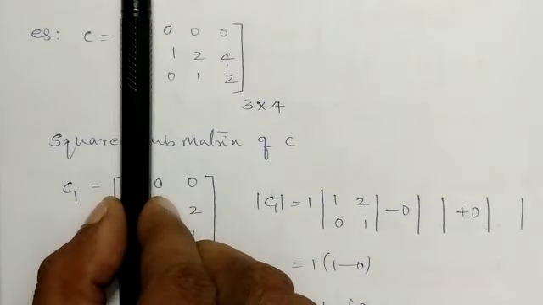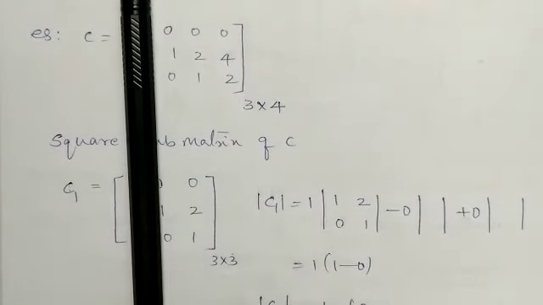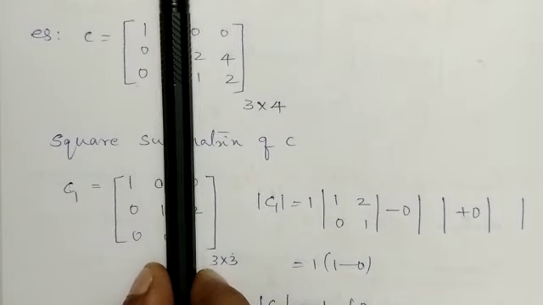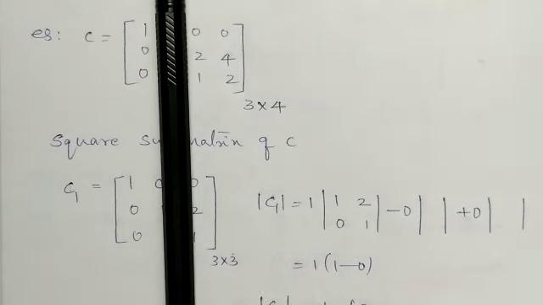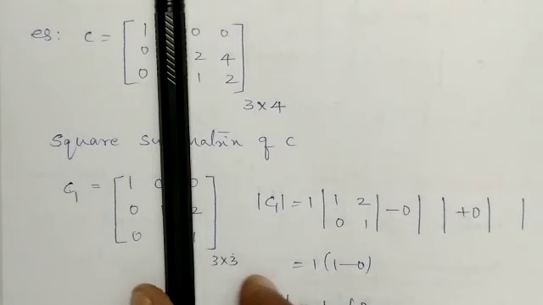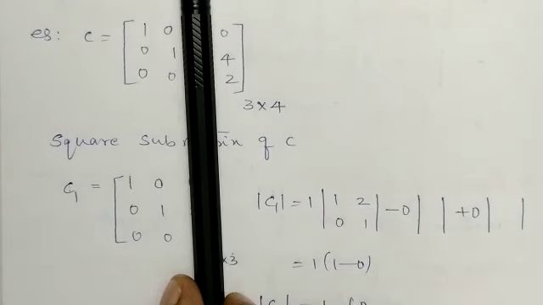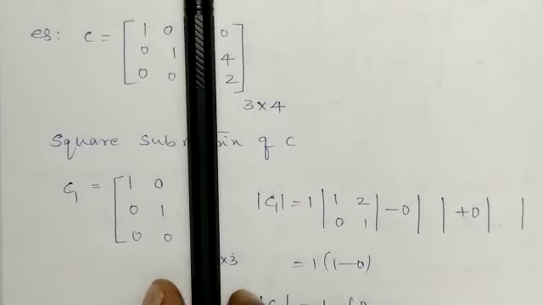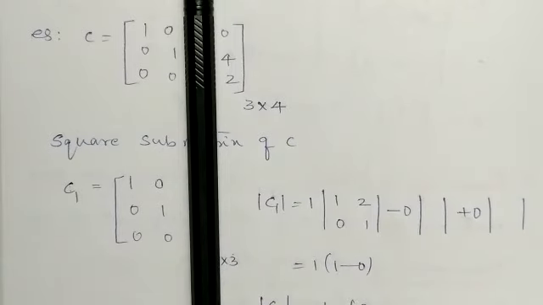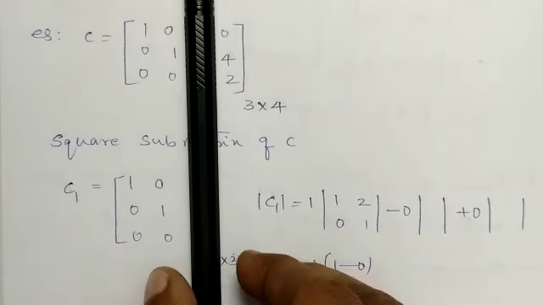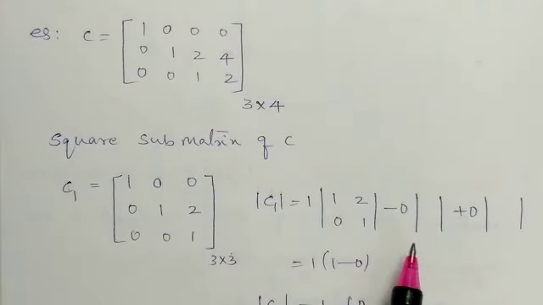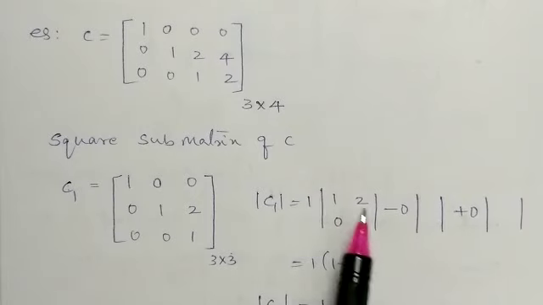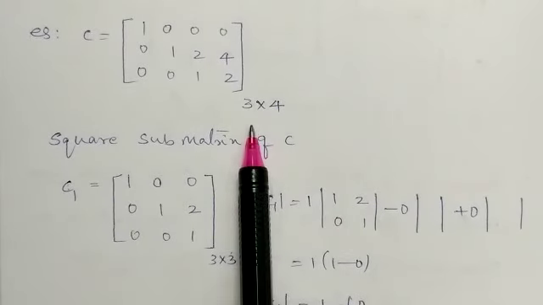You can delete the first column, and the remaining is a 3 by 3 matrix, or you can delete the second column, and the remaining 3 columns and 3 rows form a 3 by 3 square submatrix. So you can take any one square submatrix of order 3 by 3, which is the highest order.